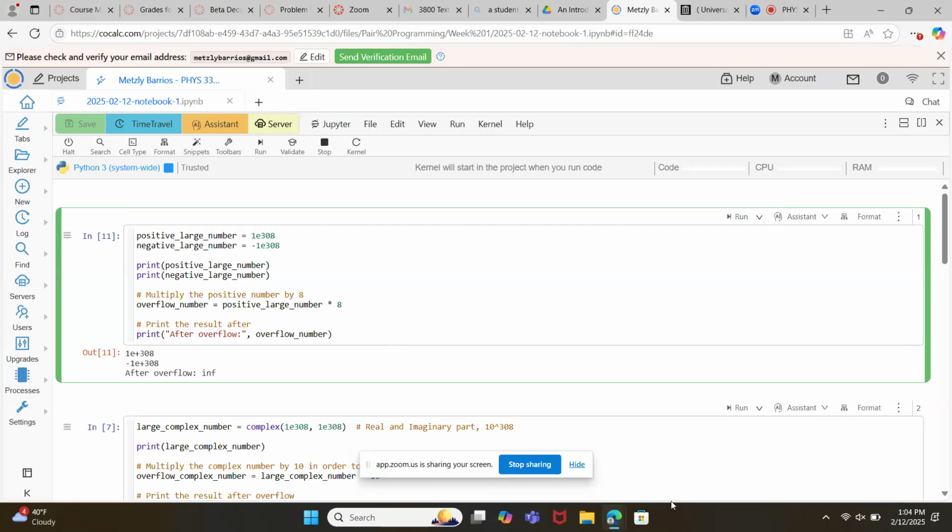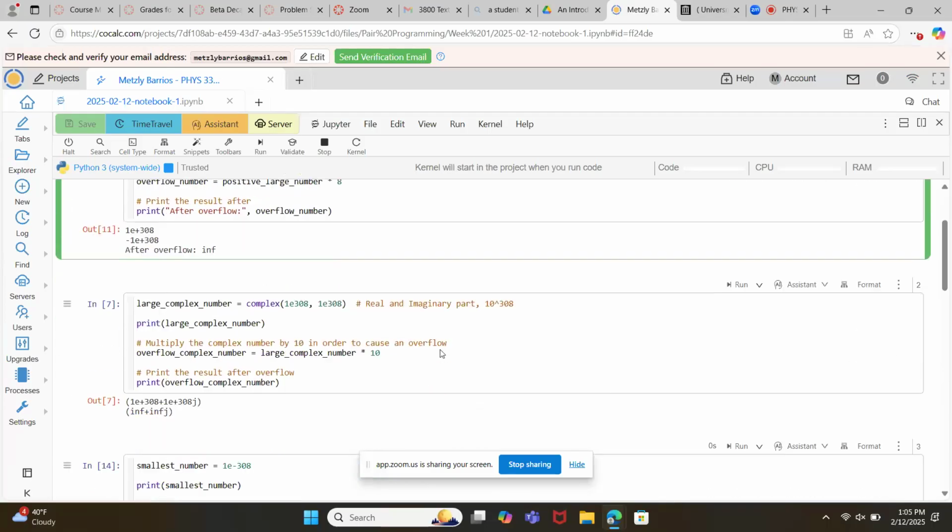As you can see here, when you print an overflow, or if you multiply that positive number, which is 10 to the 308, by basically any number, after the overflow you're just going to have infinity. If you go above that number, you end up with infinity.